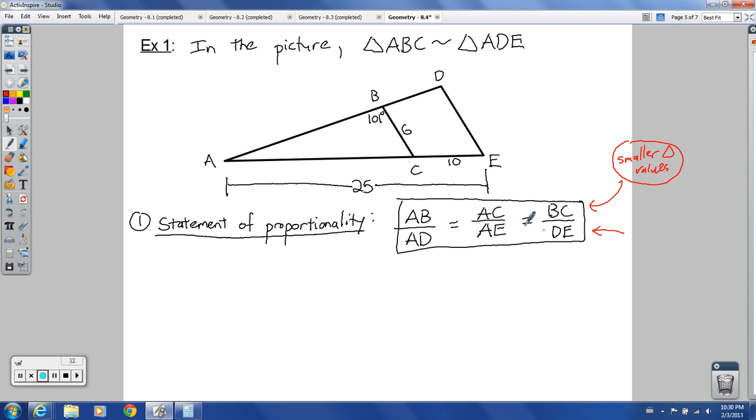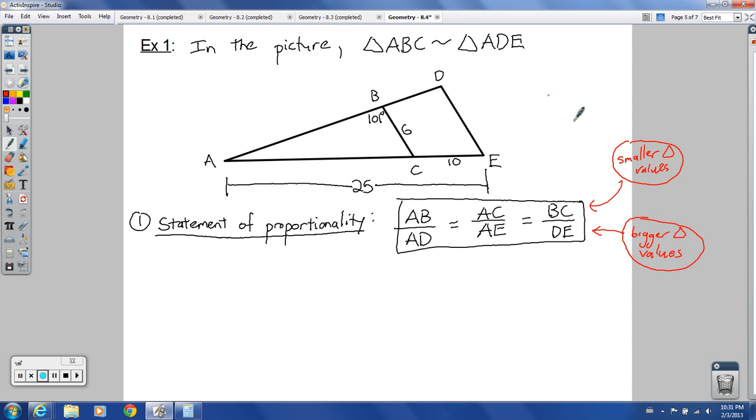Down here, the AD, the AE, the DE, those are the bigger triangle values. It has to stay consistent. You have to keep comparing the same things all the way across. You can't have bigger here and smaller there and flip-flop it and say those two are proportionally equal. That doesn't work. On the bottom, we've got bigger triangle values, and on the top, smaller triangle values.